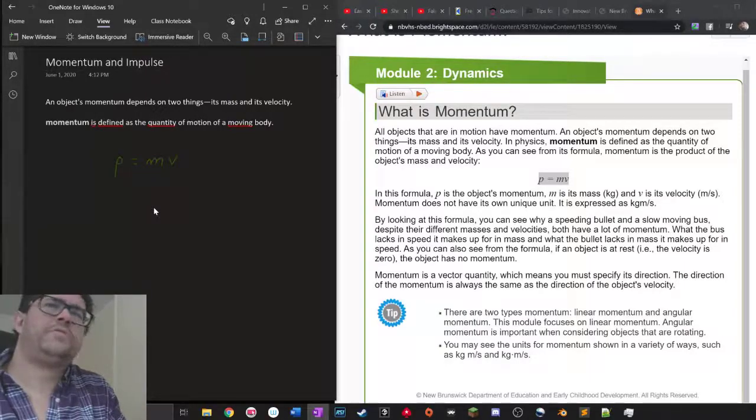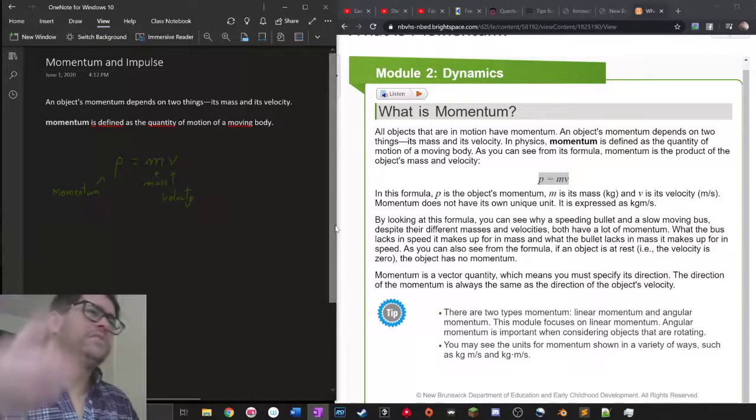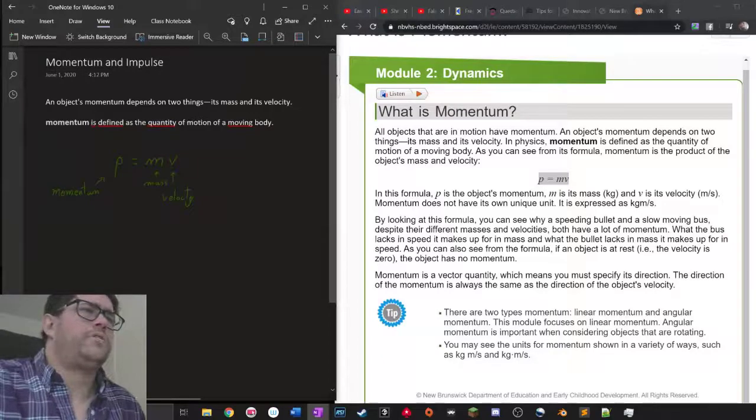So let's put some words here. Momentum equals mass times velocity. This is one of the formulas that we will require going forward.